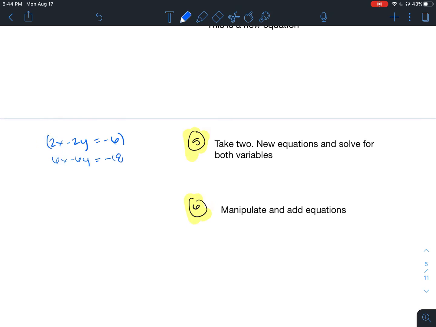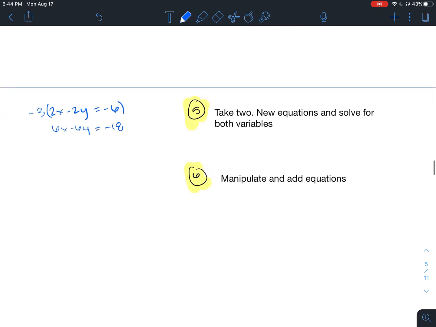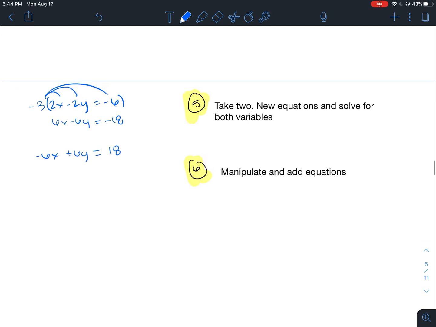So we're going to have to multiply this by negative 3. Negative 3 times 2x is negative 6x. Negative 3 times negative 2y is positive 6y. Negative 3 times negative 6 is equal to 18. And then 6x minus 6y is equal to negative 18.